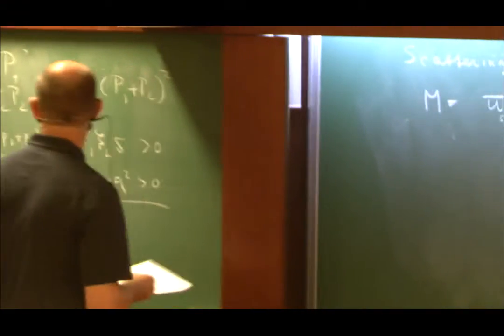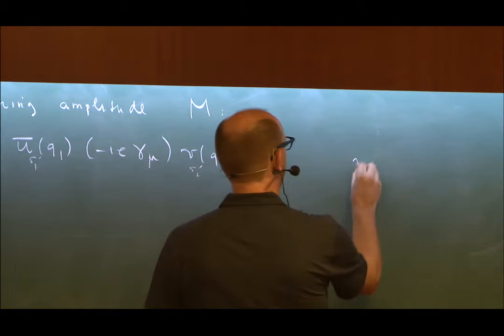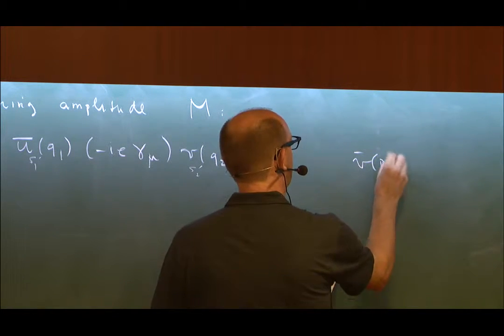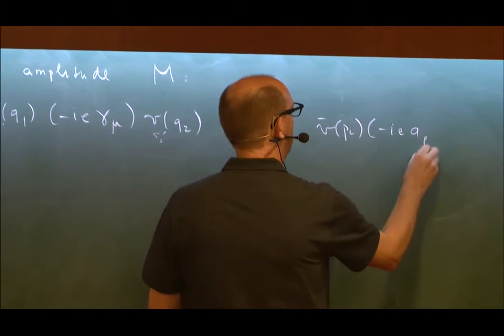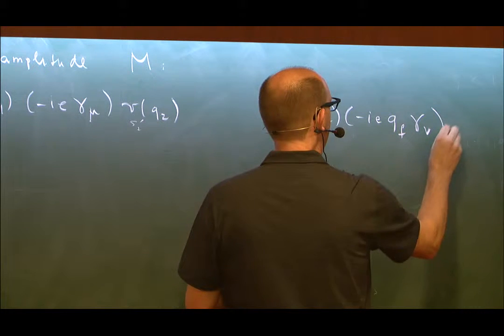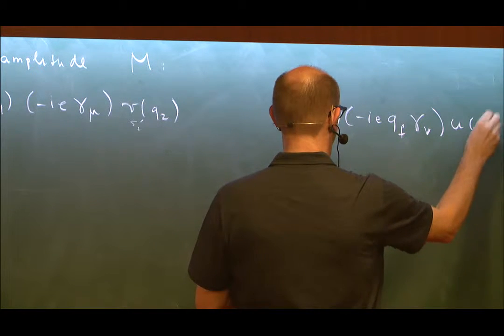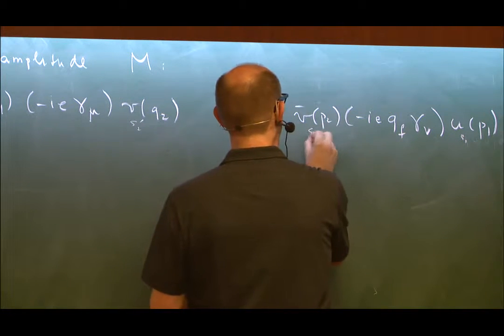Then we have the propagator. Actually, let me do this one first and leave a bit of space. Then we have here v̄ of P2, minus i e Q_f γ^ν, u of P1, with spins s1 and s2.